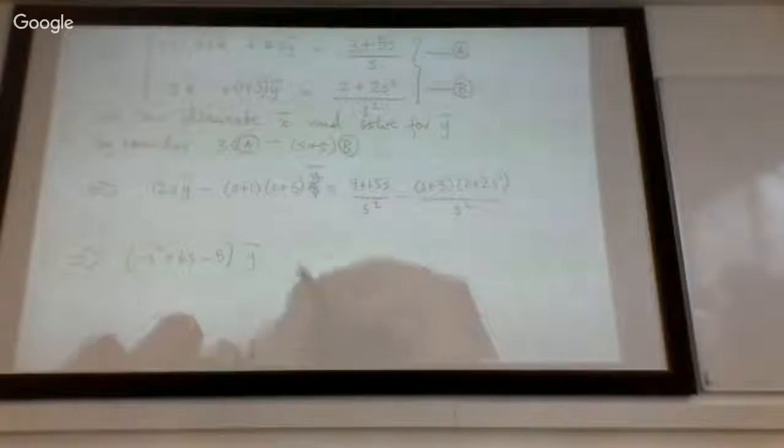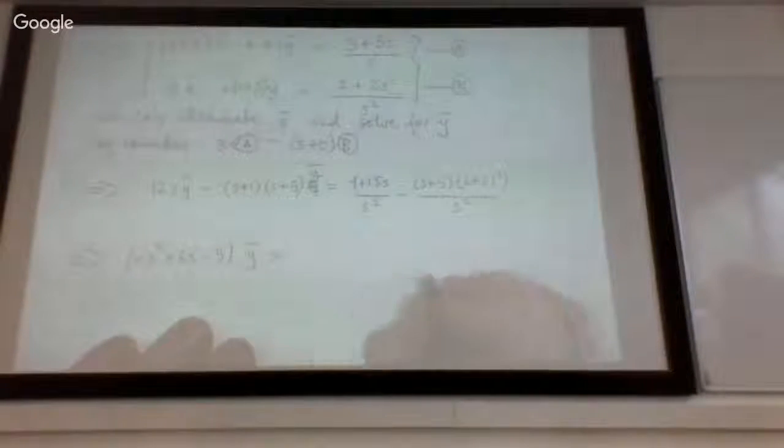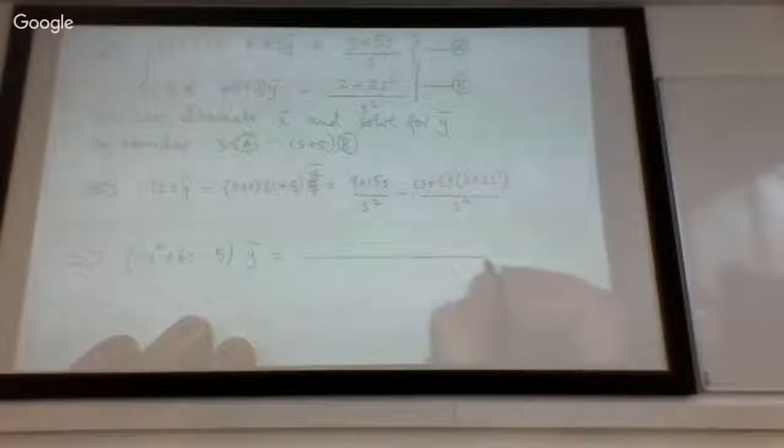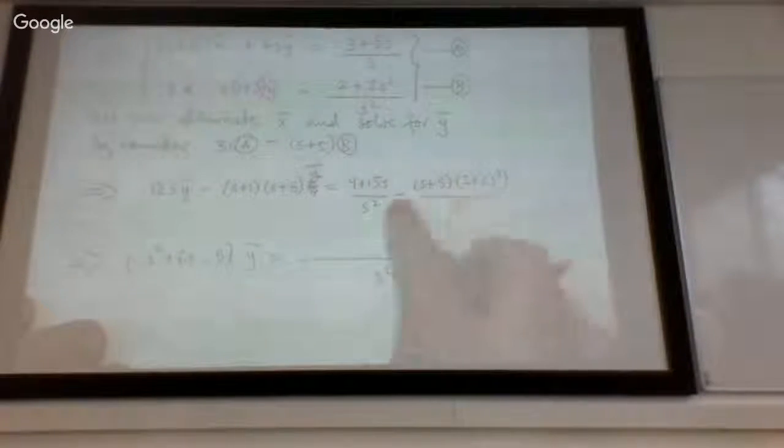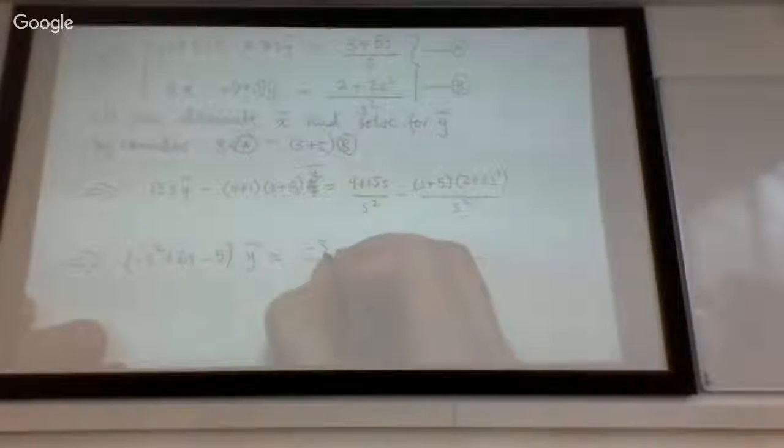On the right-hand side, well, they're both over s squared, so I should be able to get this all over s squared. So just need to multiply out these brackets here. So you're going to get a minus 3s cubed. No, sorry, minus 2s cubed.